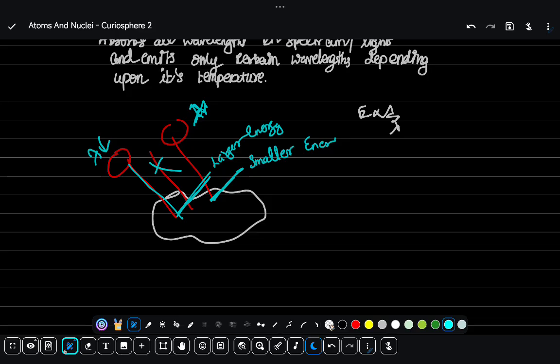But there was a problem. We all know the electromagnetic spectrum, right? It has visible light in the center, then on this side the ultraviolet, the UV rays, the higher energy. As we move towards the right, the frequency and the wavelength change.